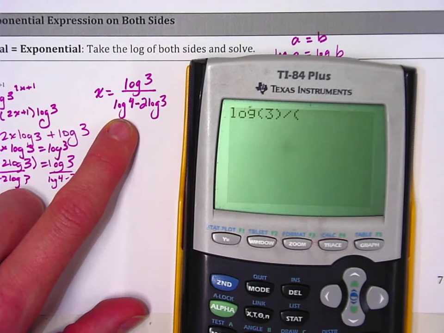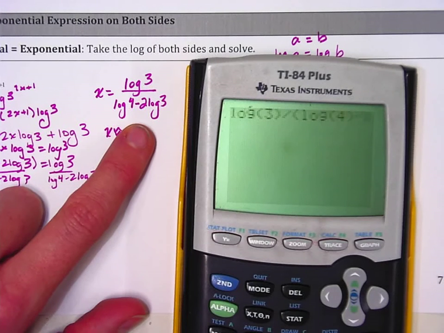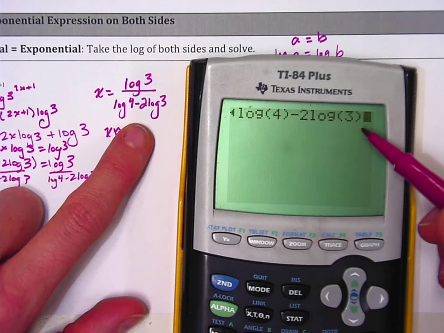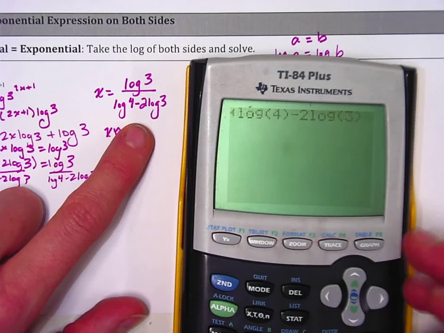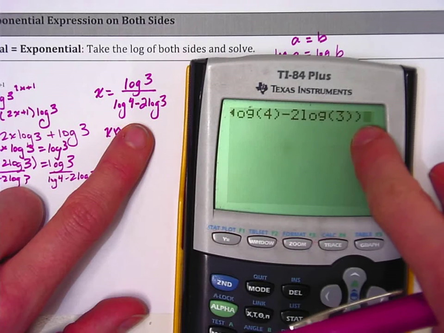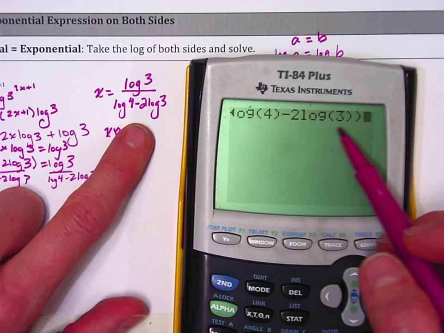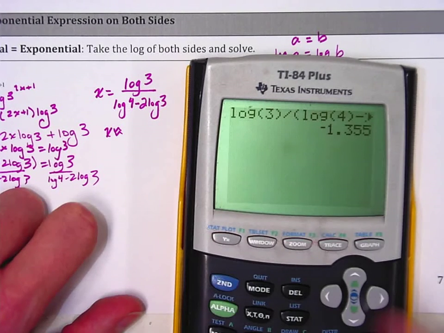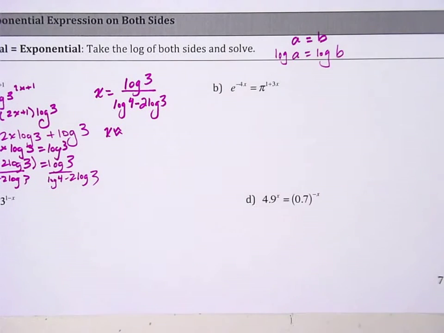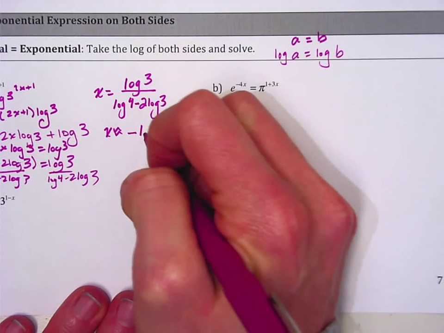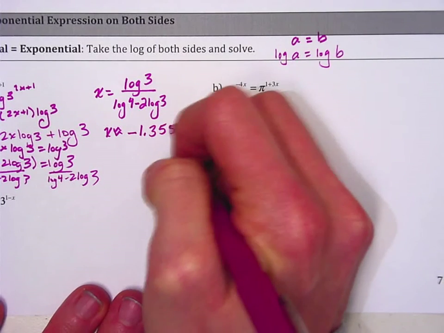So we do log 4 minus 2 log 3. Now here I have this one parenthesis, but I need to end the denominator by adding one more, because that parenthesis here only ends the 3. All right, so we press enter, and we get negative 1.355.